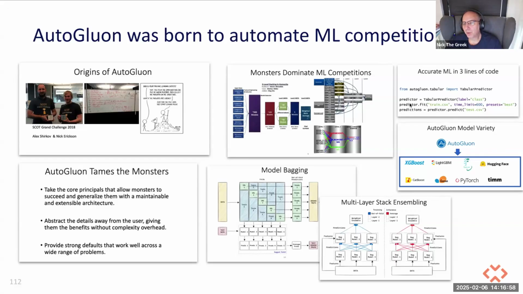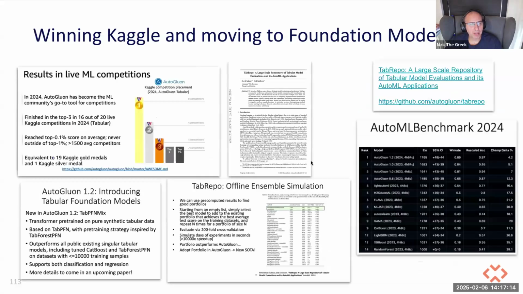So if you have a predictive model, you download AutoGluon, you load your data, you say fit, and then predict exactly the same way you would do it in scikit-learn, and basically hide all that complexity.